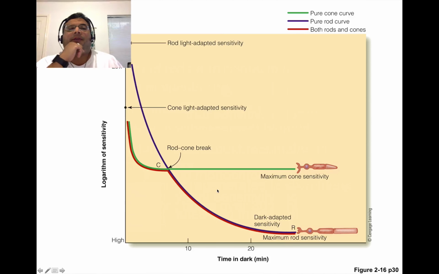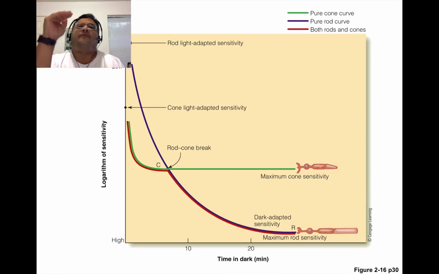Now here's the funny thing, right? This break right here. If you remember taking your driver's ed class back in high school, when is the most dangerous time to drive during the 24-hour day? It turns out the most dangerous time to drive is dusk, right at the time from when the sun is up to the sun is set.